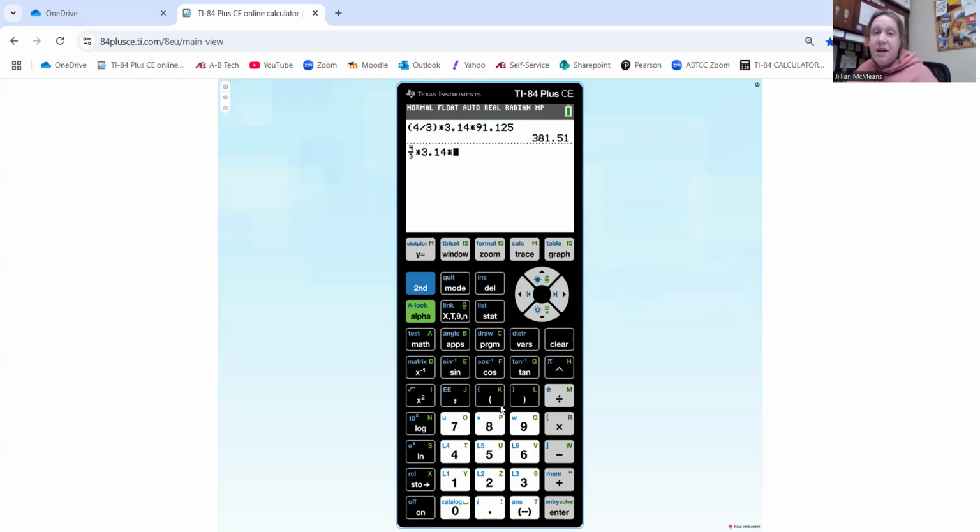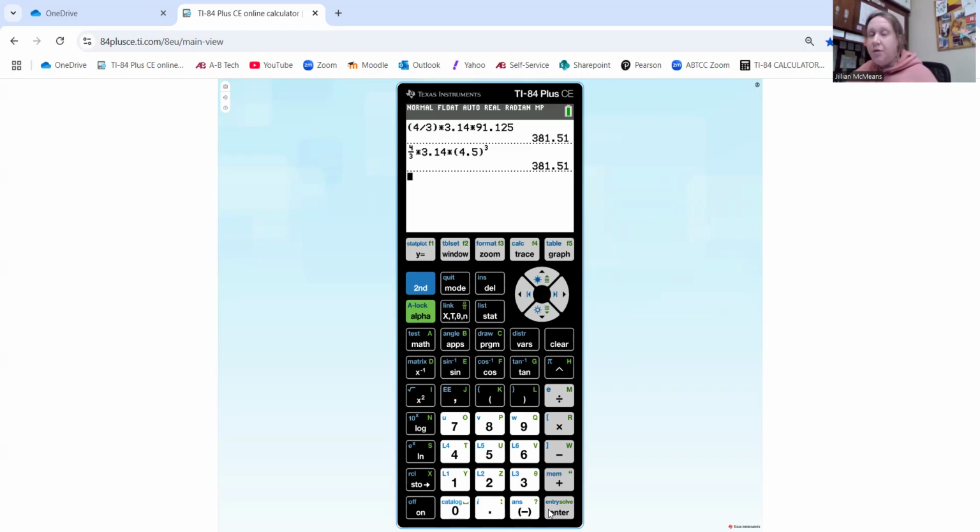Times, instead of doing the 91.125, let's say you wanted to type this into your calculator all at once: we could do parentheses, 4.5, and then the caret button. That puts us into that superscript exponent world. The caret button's just above the division symbol, and then the 3. Again, we're going to get 381.51.